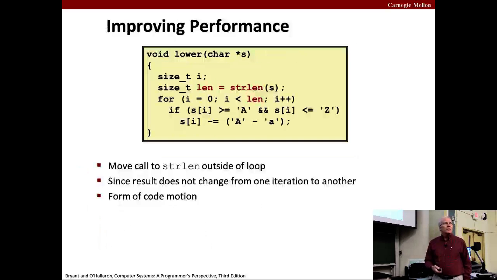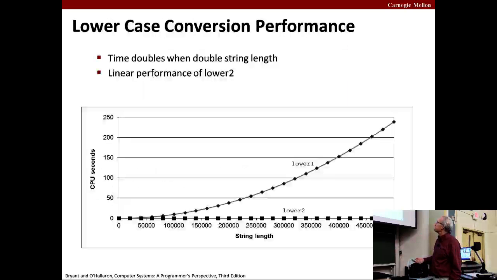So in particular, if I make the following little change, I introduce a local variable called glen, and I pre-compute strlen because the length of the string isn't changing. I'm just changing the characters in the string. So the program will do the same thing, but now the runtime is so short it doesn't even show up.